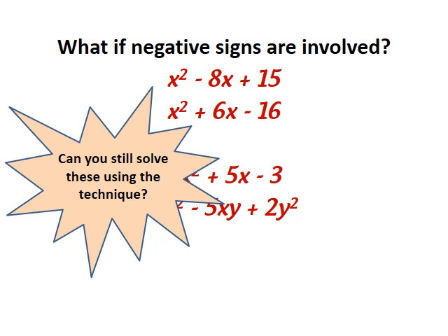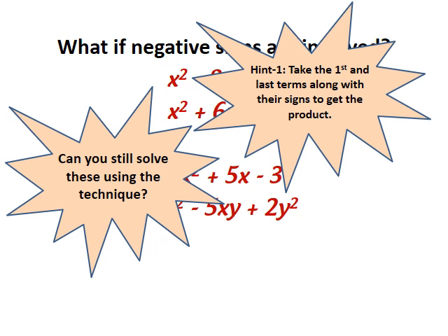So again, like before, I will give you some hints for this. So hint 1 is take the first term and the last term along with their signs to get the product. So you already know that if a plus is multiplied by a plus, you get a plus. If a plus is multiplied by a minus, you get a minus. And if a minus is multiplied by a minus, you get a plus. So find the product by using the signs of the first and last term.